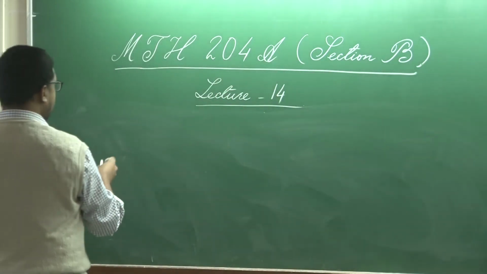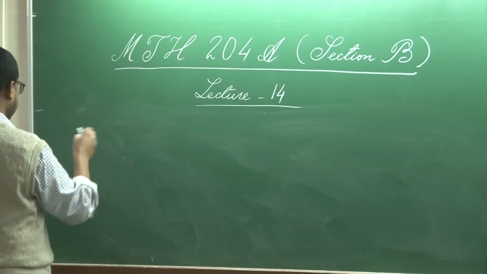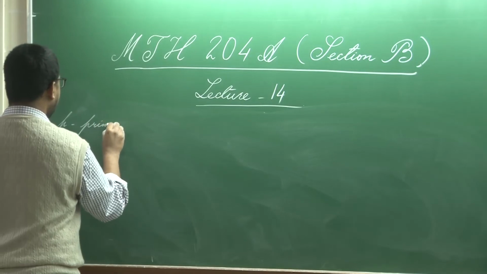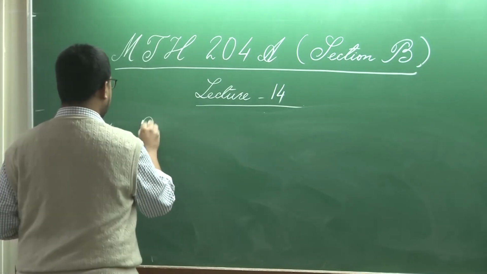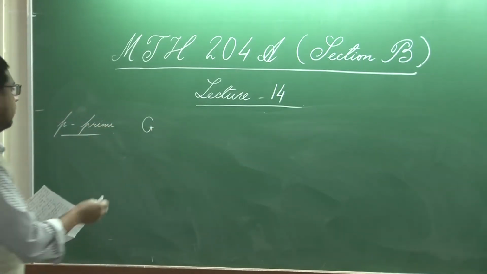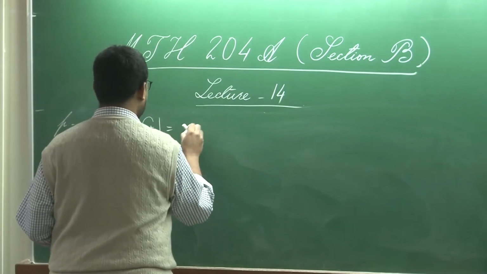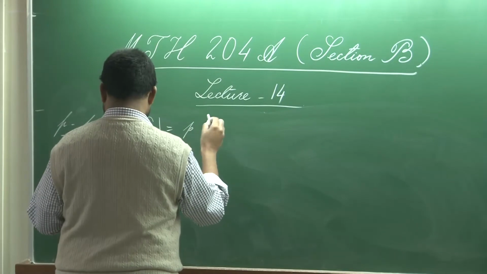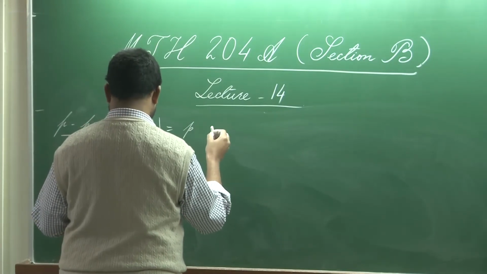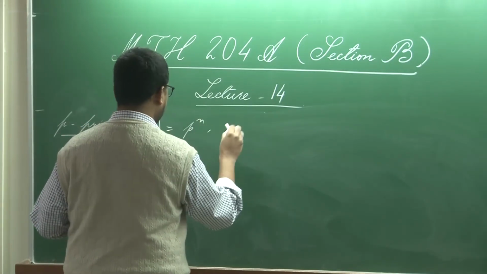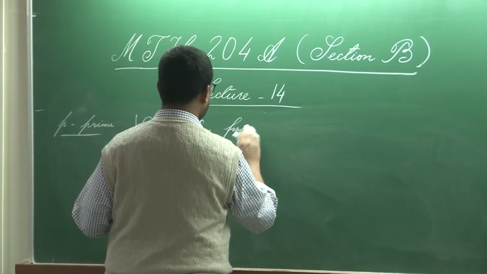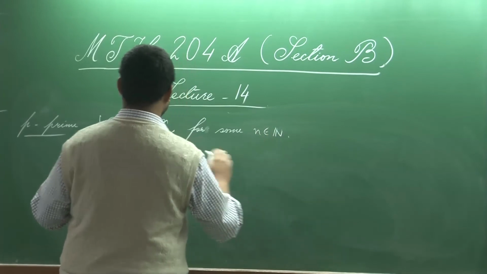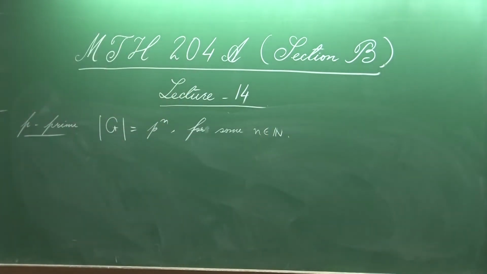What we mean by P groups is this: fix a prime P. A group is said to be a P group if its order is some prime power P to the n, for any n. So groups of such order are called P groups.